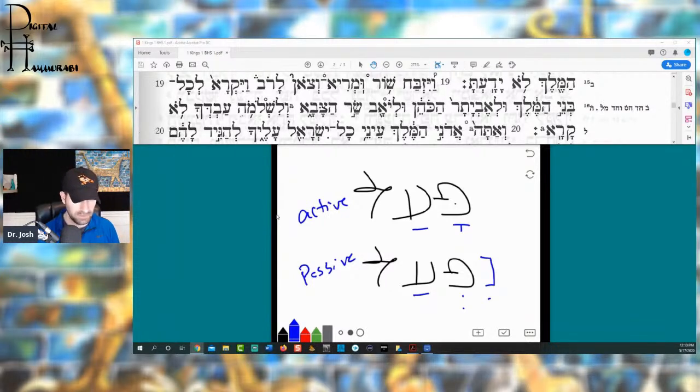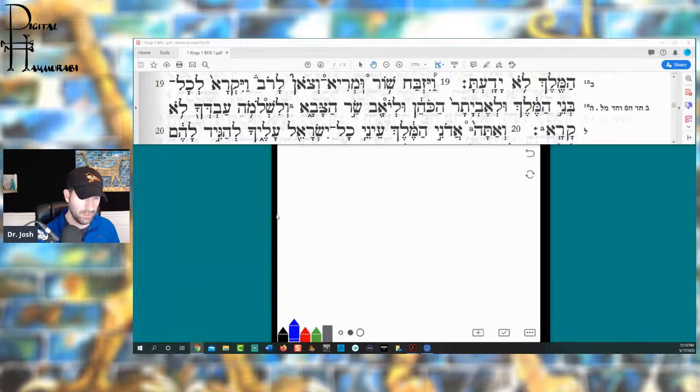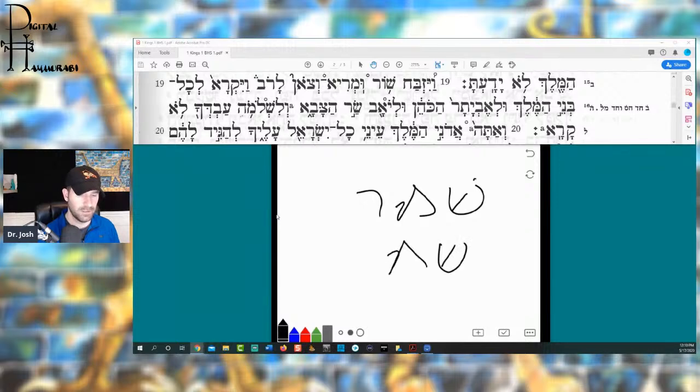Now let me give an example. Let's keep using the same root, shin mem resh, which is to guard. If I say shamar, he guarded. If I say nishmar, that is he was guarded, right?